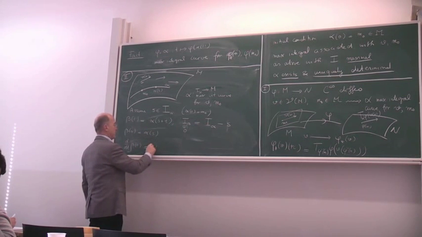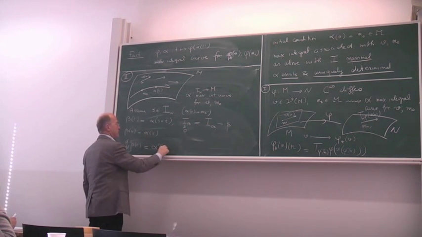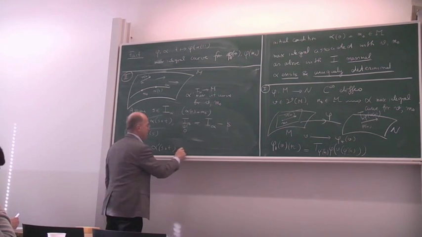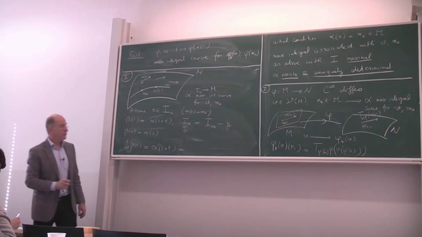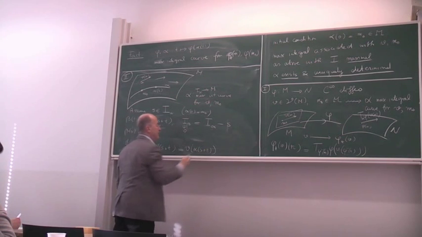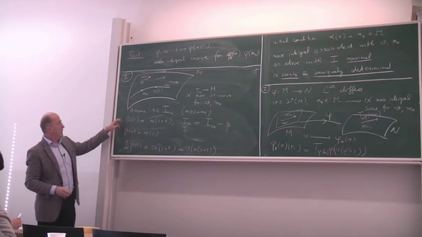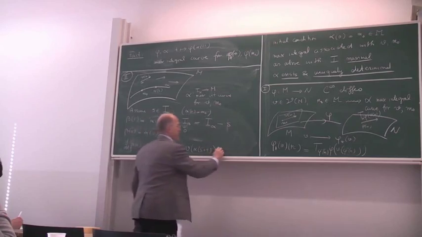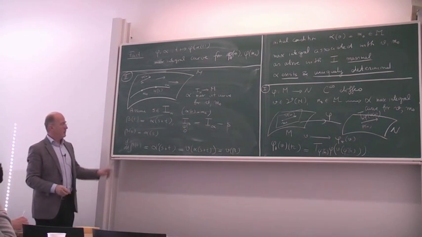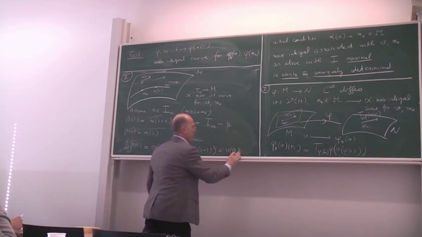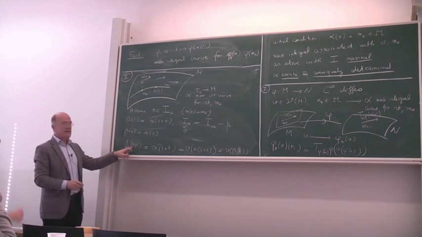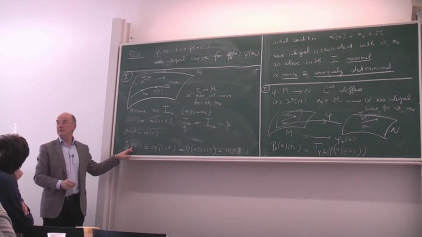So this is the same as the derivative of alpha at S plus t by the chain rule. But alpha is an integral curve for the vector field V, so this is V of alpha of S plus t. But this is the way we defined beta, so this is the same as V of beta of t. And so this means that beta is an integral curve for the vector field V.